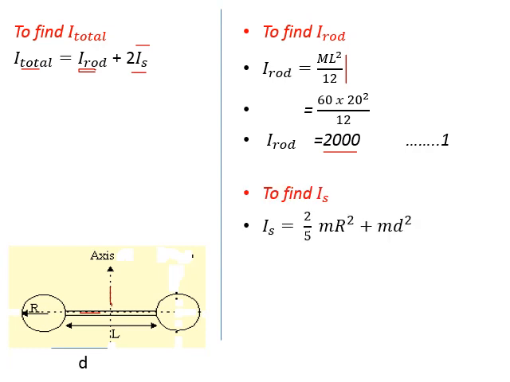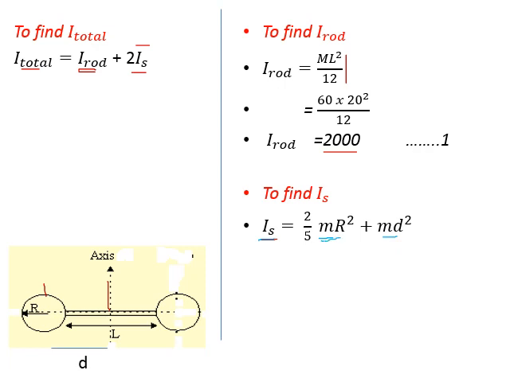So what is this? This is nothing but the moment of inertia of this sphere about this axis. Here we have to use the principle of parallel axis. What is this principle of parallel axis? Do you remember? Moment of inertia about any axis is equal to IC plus M D square. So this is supposed to be IC.